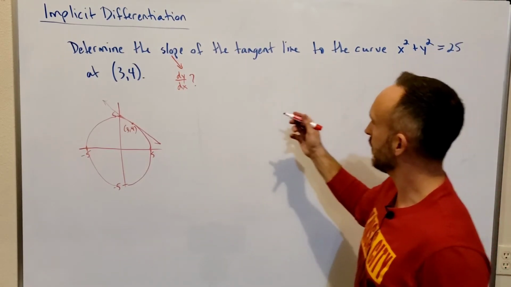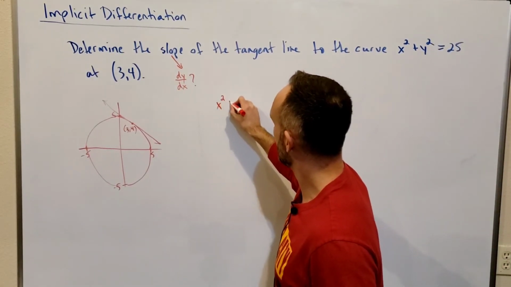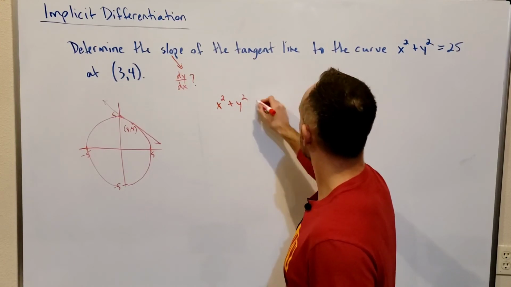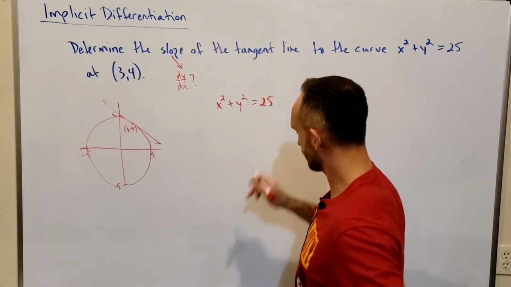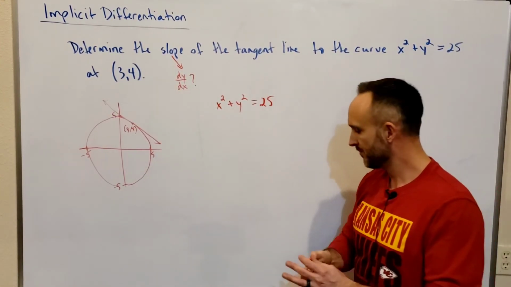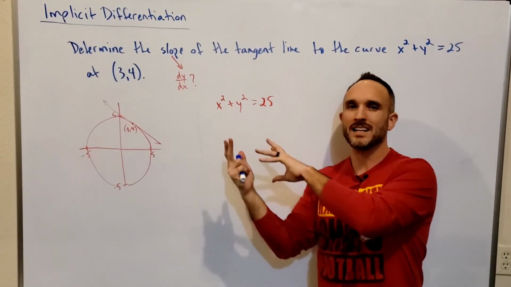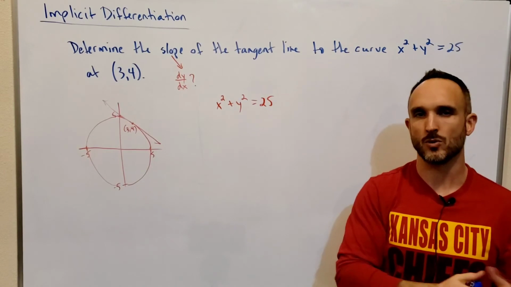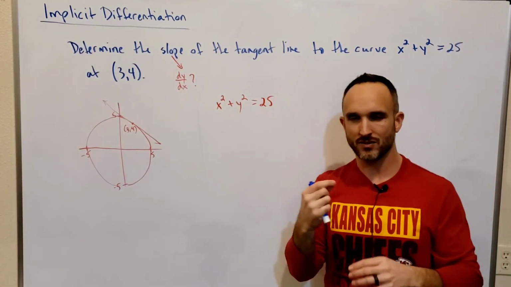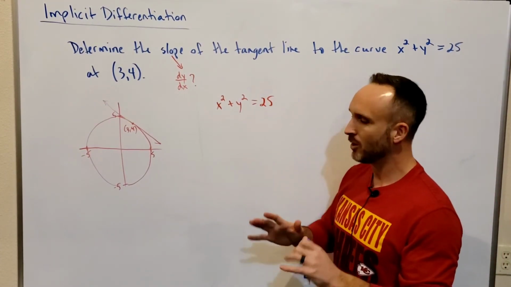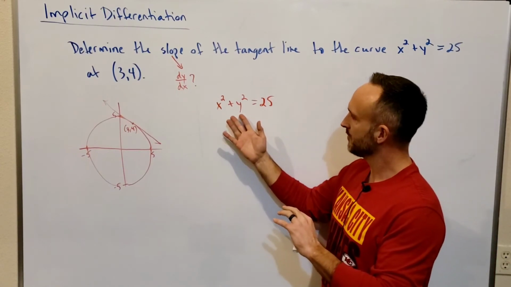So let's take our equation, x squared plus y squared equals 25. And let's do this to it. Let's take this equation and write it as a differential equation, an equation that involves a derivative. And now we know how to work with equations.